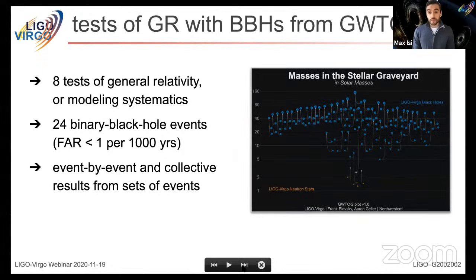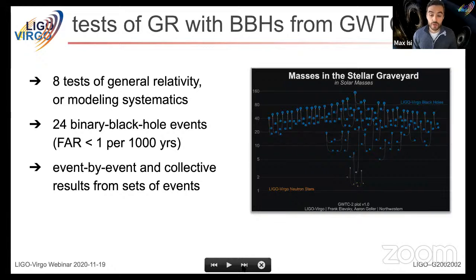GWTC-2 brings with it many, many new signals, but due to computational constraints, we choose to focus on the most significant binary black hole events. So we look at everything that has a false alarm rate of better than 1 per 1,000 years. And that leaves us with 24 binary black hole events that we look at in detail in this paper.